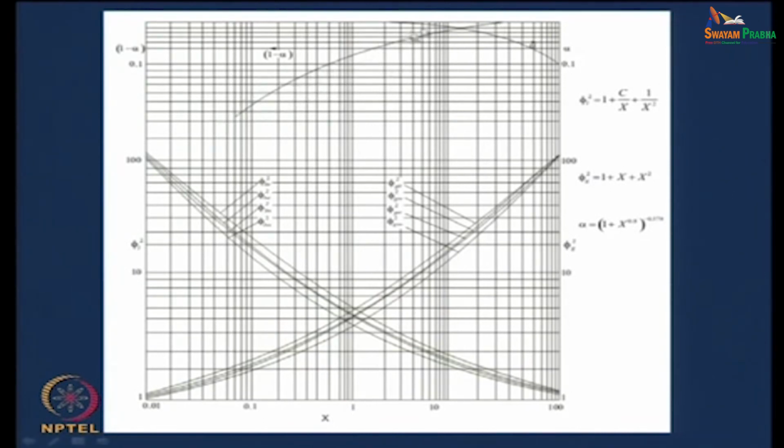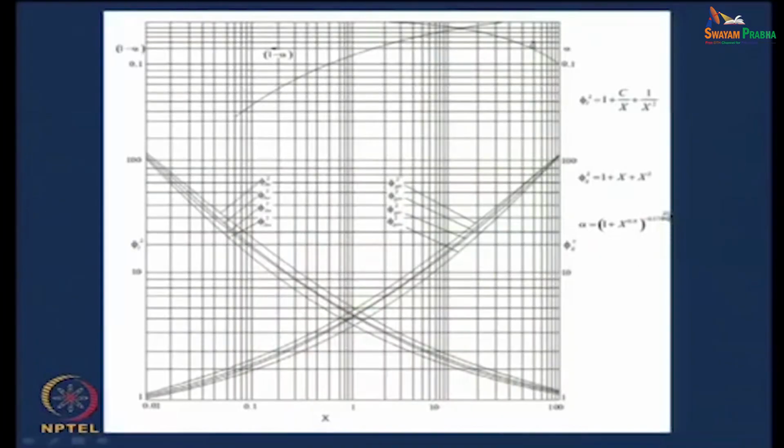This is the graph of 1 minus alpha and this is the graph for alpha versus x square. So, we find that the relationship between alpha and x square is independent of flow patterns, independent of the way the two phases flow when they are alone in the pipe.